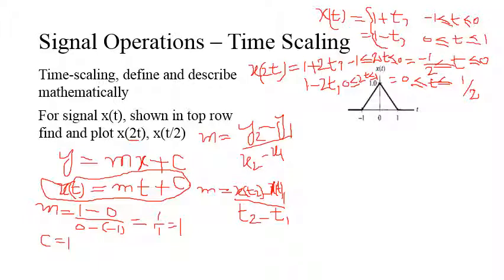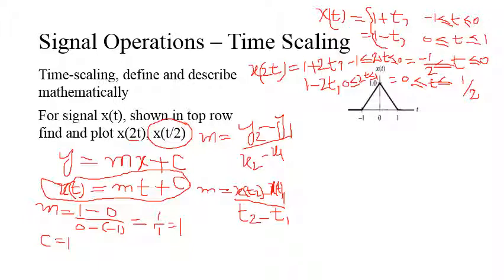Similarly, you can do it yourself for the second case, in which we scale it by a factor of 1 by 2. If I scale it by a factor of 1 by 2, this range will be expanded. Originally it's -1 to 0, so it will be -2 to 0, and this will be 0 to 2.